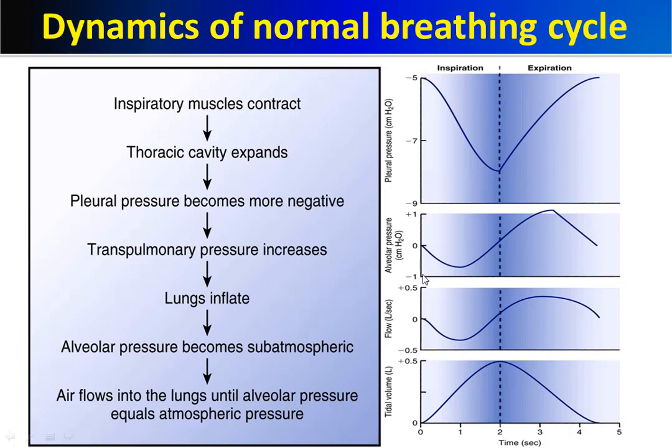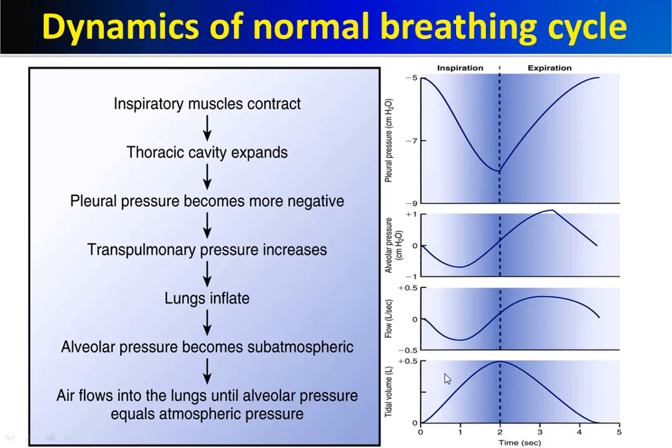This is the alveolar pressure measured in centimeters of water. This is the position at the end of normal resting eupneic expiration. It is atmospheric, 0. Then it is reduced to -1 centimeter of water, and air gets in, and because air gets in, the pressure increases back to atmospheric 0, then increases to +1, and because of that air gets out, and as air gets out the pressure reduces back to 0.